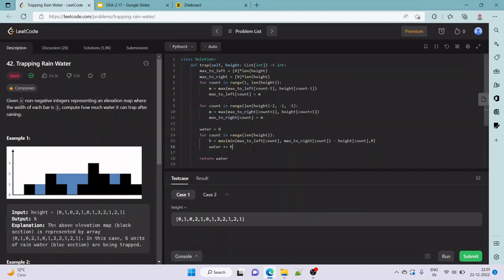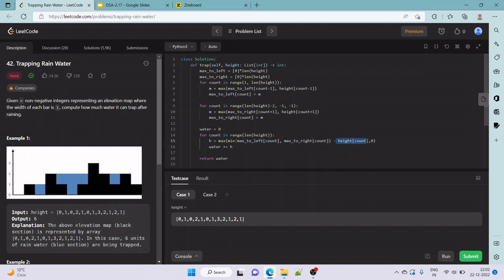And as we can see here, I'm calculating the max to left and max to right with these for loops. And then I'm just taking the minimum of the two minus the height at a particular index. So I'm taking care of the case when the upper limit is less than the lower limit.